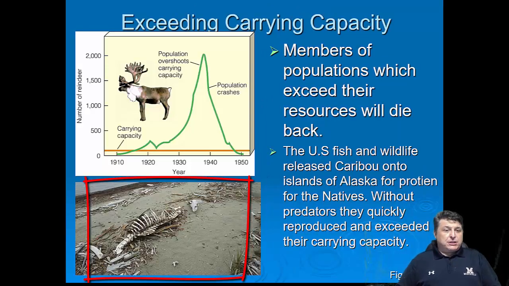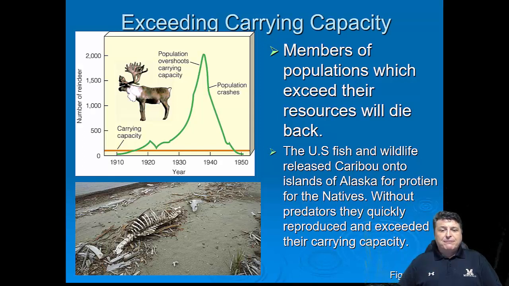Now, when a population exceeds its carrying capacity, it cannot stay higher than that carrying capacity for too long. Usually what's going to happen is we're going to have a serious dieback, or in some cases, a population crash. This is a diagram and a photo that's illustrative of one of these examples.